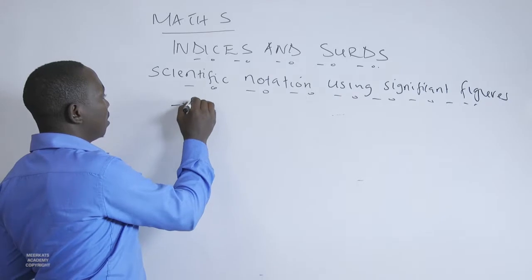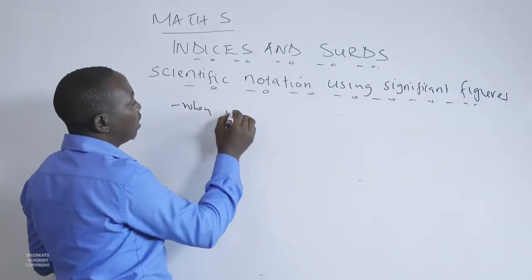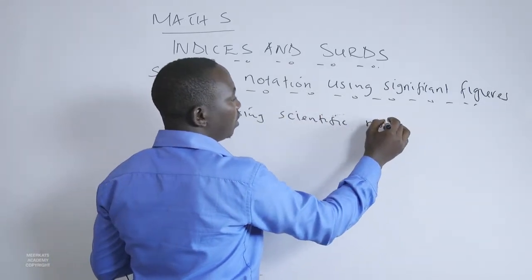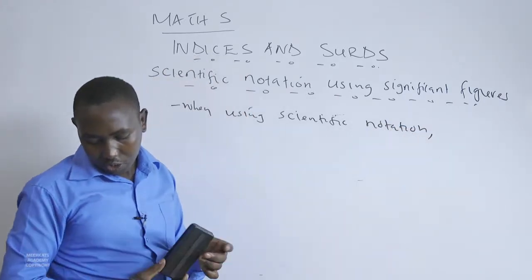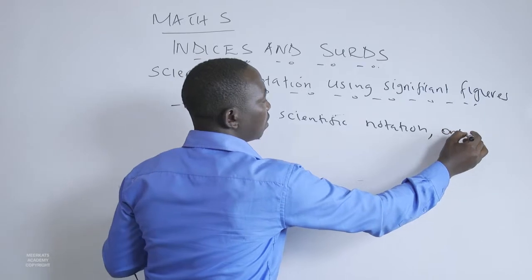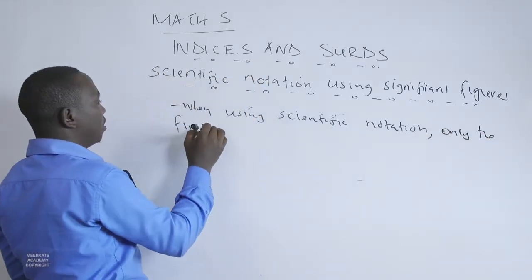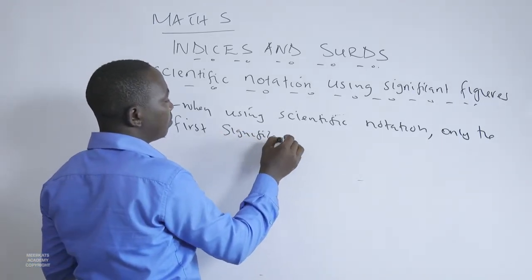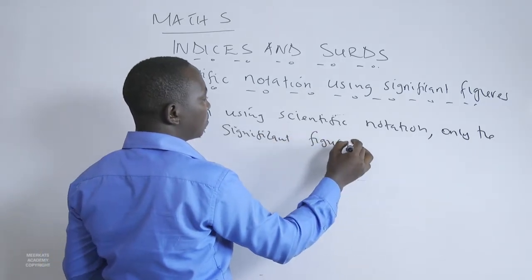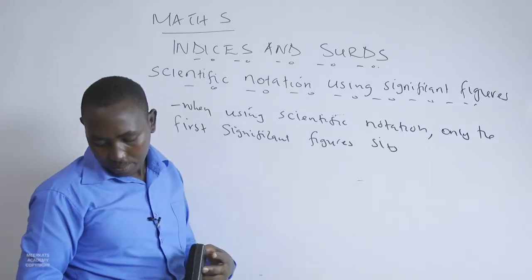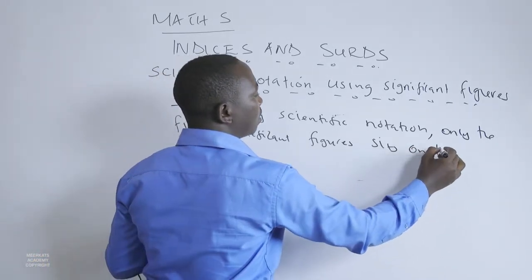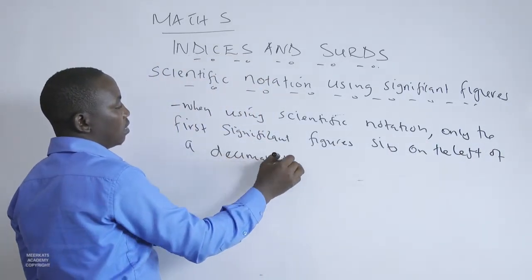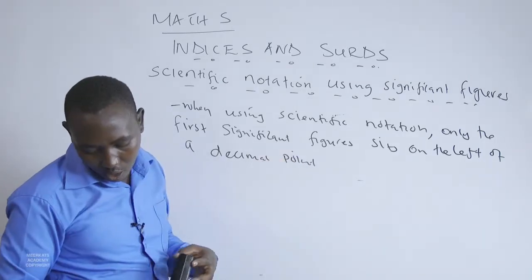So we are saying that when using scientific notation, only the first significant figure will sit on the left of a decimal point. We're going to look at how that operates.